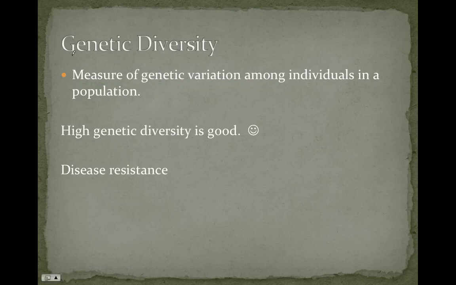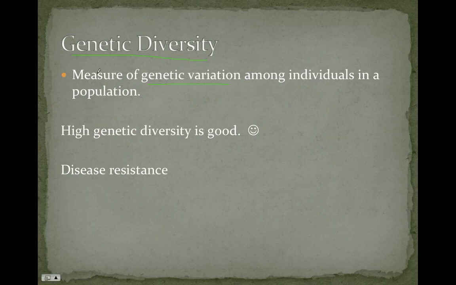So the first one's genetic diversity, and it's only in the last 60 years we've been talking about genetics and genetic diversity, and we're gaining tools to measure genetic variation more quickly and more accurately, and that's a really cool thing. It's giving us more precision in our measurement as environmental scientists and biologists.